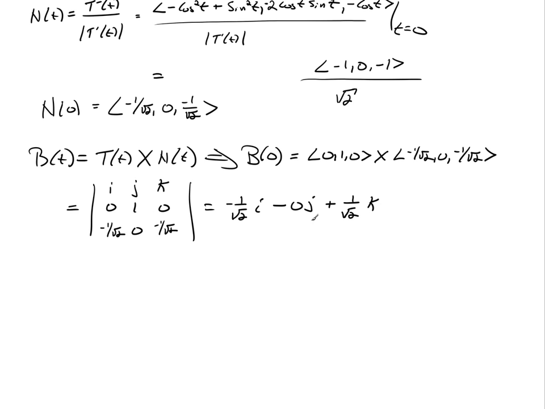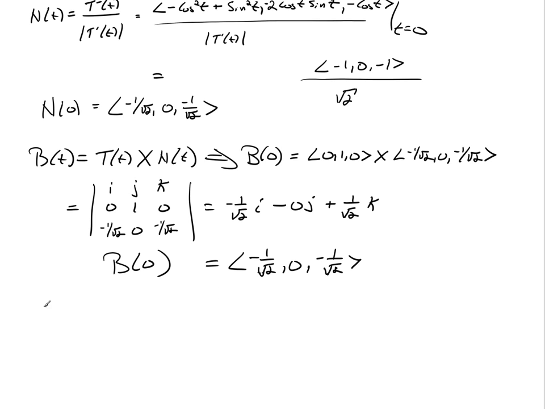So I end up with the vector negative 1 over root 2, 0, positive 1 over root 2. So this is, in fact, the binormal vector evaluated when t equals 0.